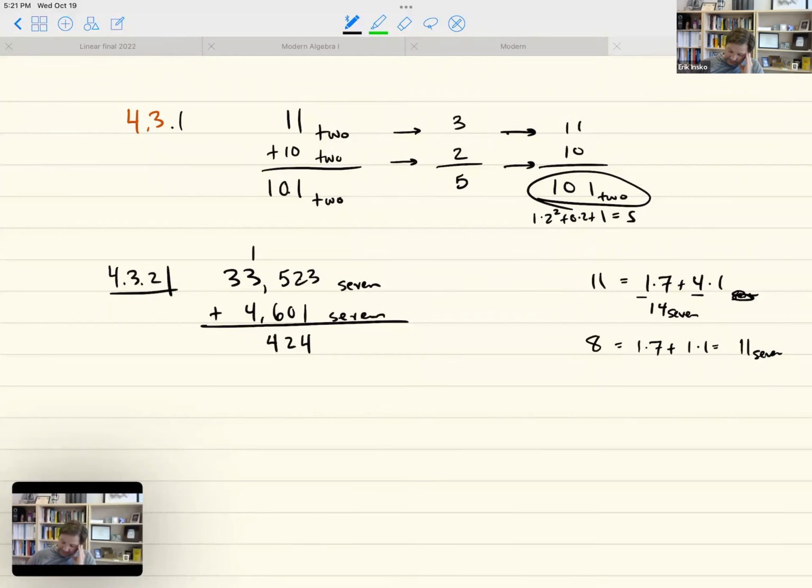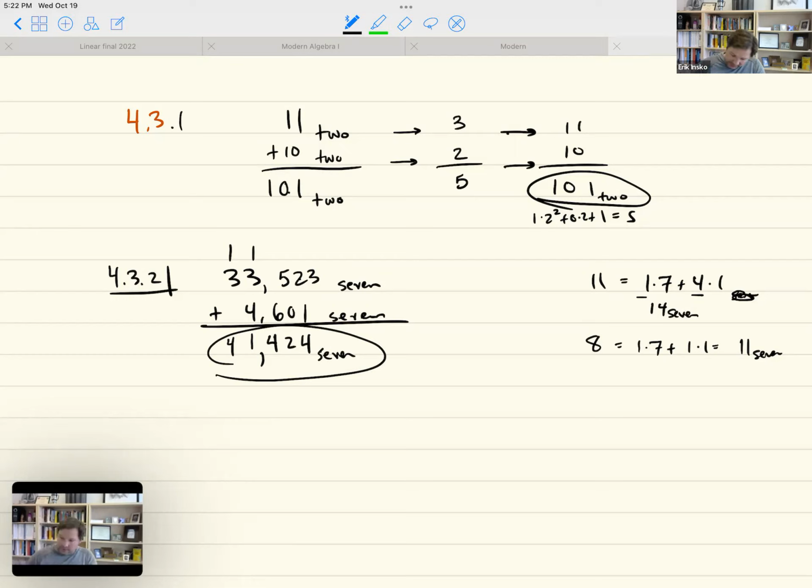Long story short, this sum was 8, and I write that as 11 base 7, so I carry the 1. And so 1 plus 3 is 4. So the answer should be 41,424. And that's what I had on the homework.